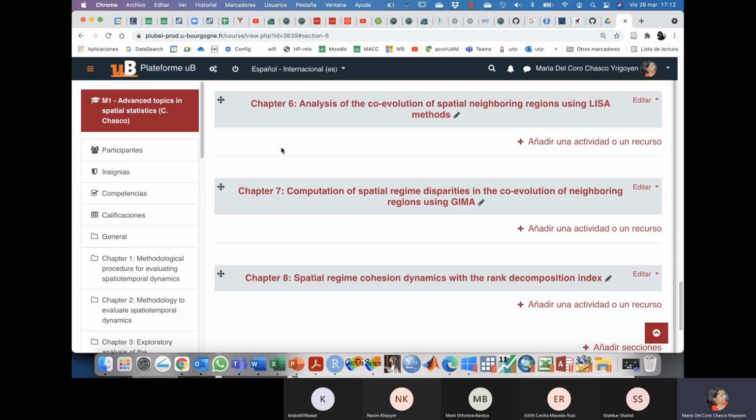These two papers are very important to understand these last chapters that I'm not going to teach because I don't have enough time. But as I said, I will prepare the slides for you, and of course you don't have to do any assignment related to these chapters. Of course not.